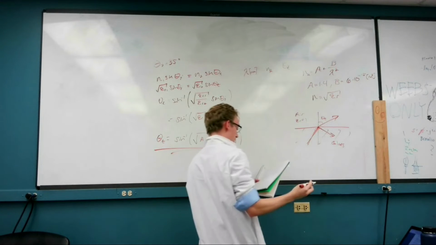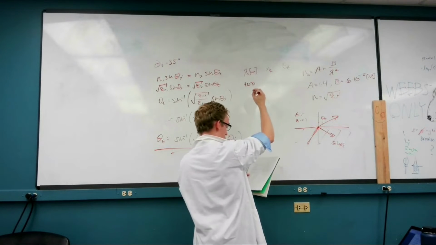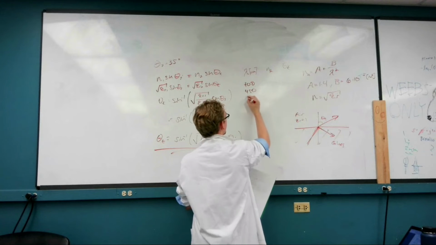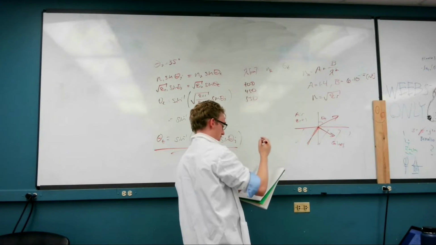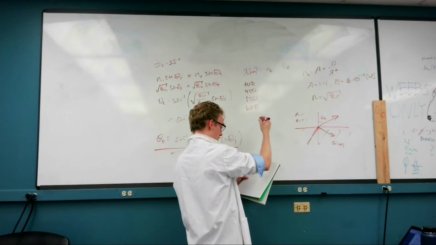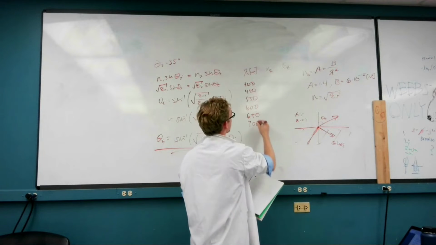We have theta t, which is our final answer. For violet light, it's 400 nanometers. Then blue light is 450 nanometers. Green light is 550 nanometers. Yellow light is 600 nanometers. Orange, 650. And red, 700.